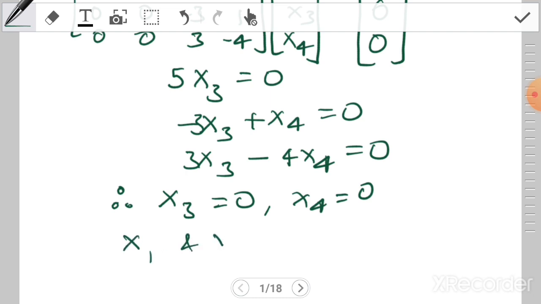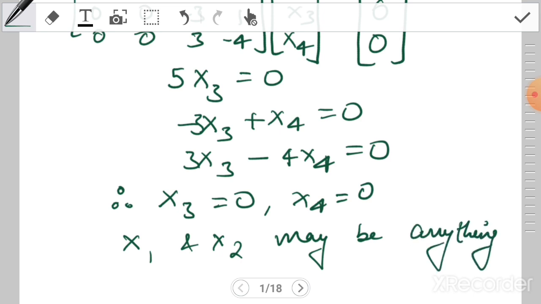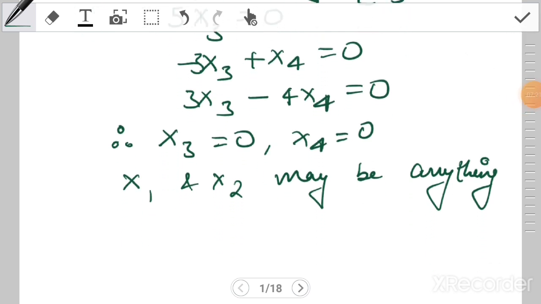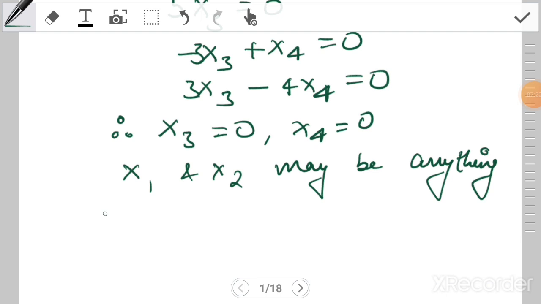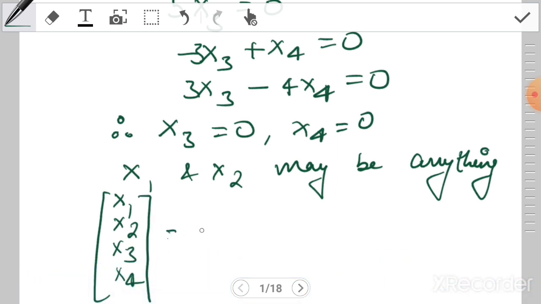So the eigenvector corresponding to lambda equal to 5 may be written as k1, k2, 0, 0.